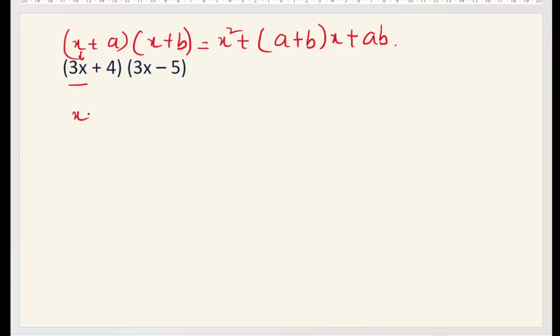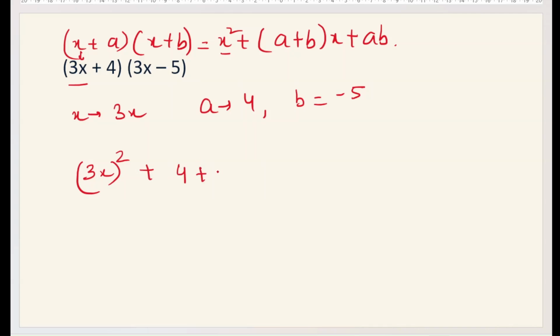In place of x, you have 3x. In place of a, you have 4. In place of b, you have minus 5. So, identity: (3x) whole square plus (a plus b), a is 4, b is minus 5, multiplied by x.